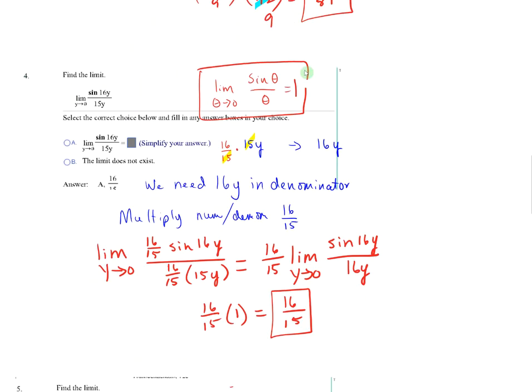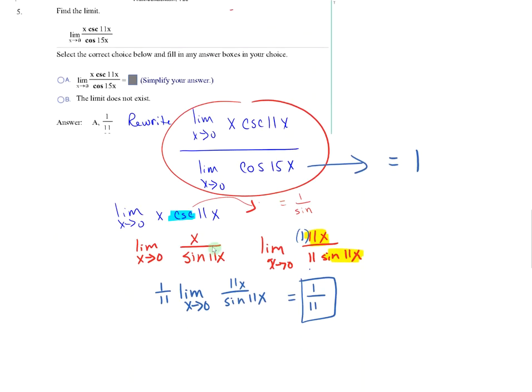Remember, our rule is sine theta over theta, and you can also have theta over sine theta. That can be flipped. So up here, I need 11x. So I need to multiply 11 up top, 11 down on the bottom. So the limit as x approaches 0 of 11x over 11 sine 11x.